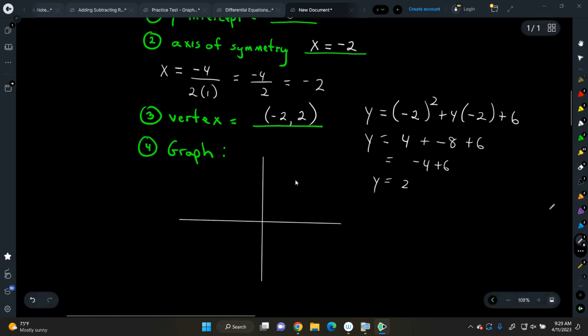So we've got a y-intercept of 6. 1, 2, 3, 4, 5, 6. And we've got an axis of symmetry of -2. And draw my dotted line there.